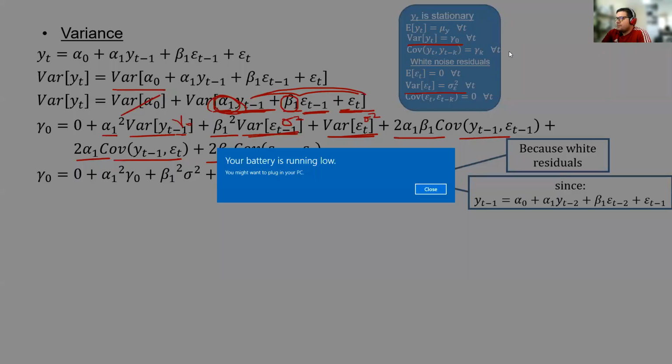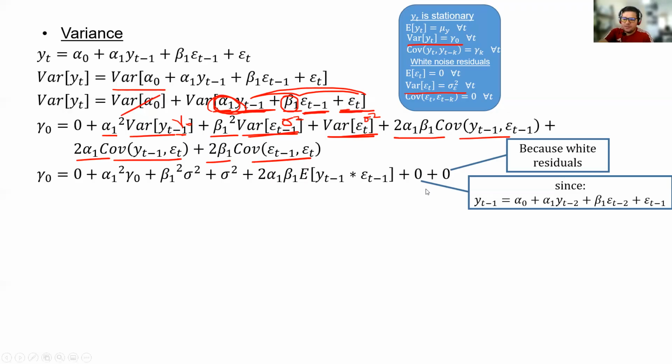Because yt minus 1 is explained by alpha 1 yt minus 2 plus beta 1 et minus 2 plus et minus 1. So et minus 1 does have an effect on yt minus 1. So this covariance will not be equal to 0.